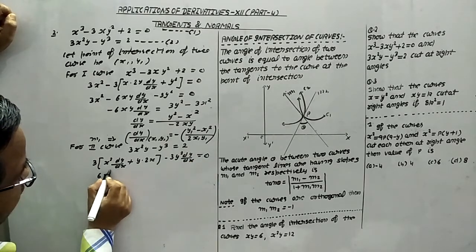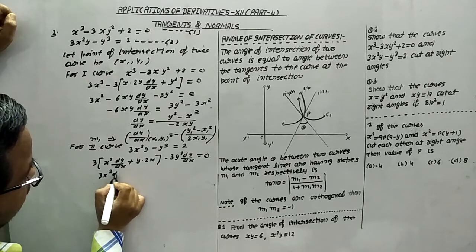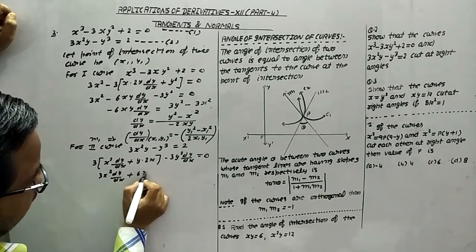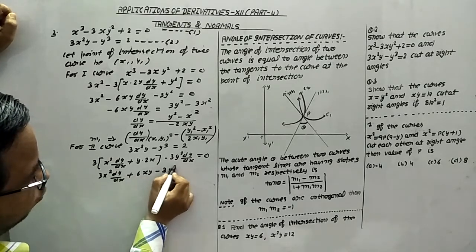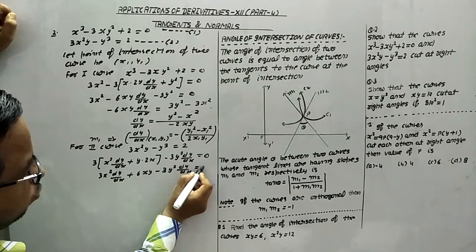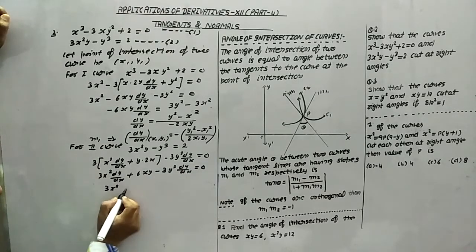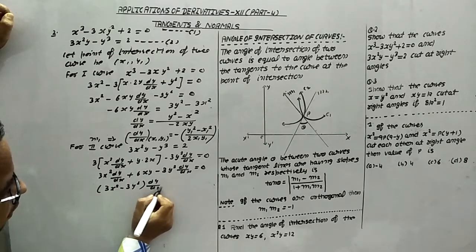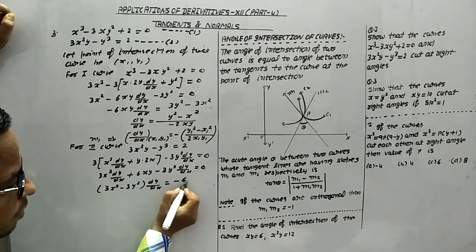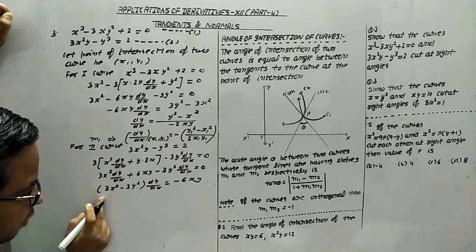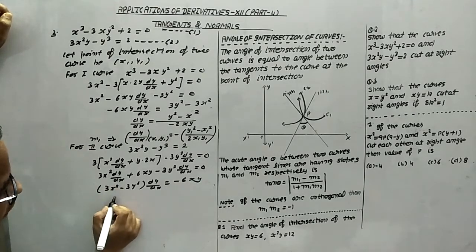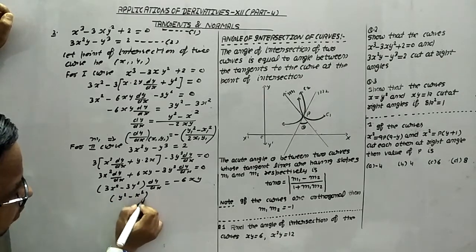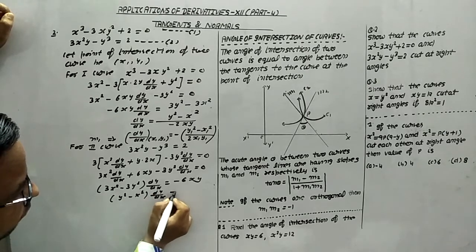It means 3x square dy by dx plus 6xy minus 3y square dy by dx equals 0. It means (3x square minus 3y square) dy by dx is equal to minus 6xy. Take the minus 3 common from here. It means this becomes (y square minus x square) dy by dx. And what is this?